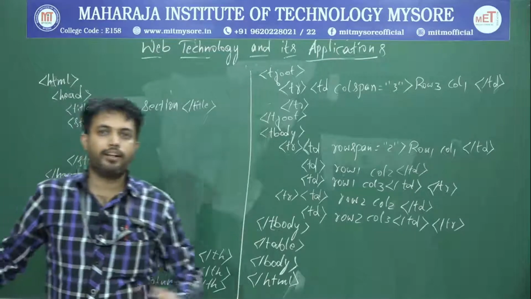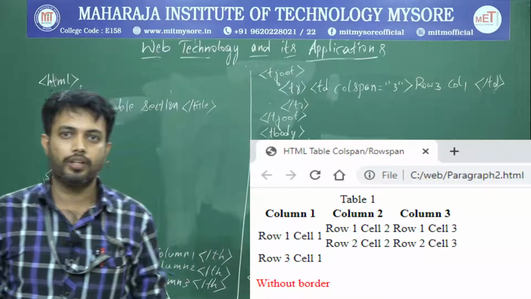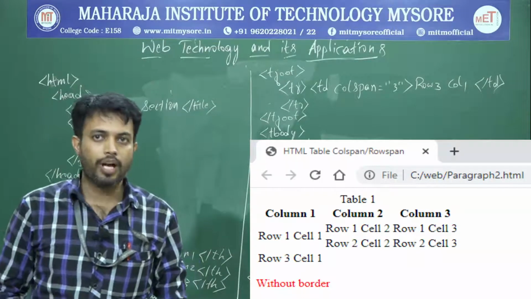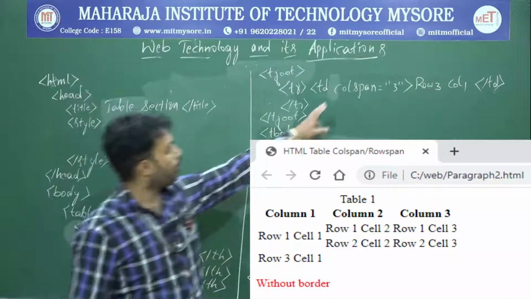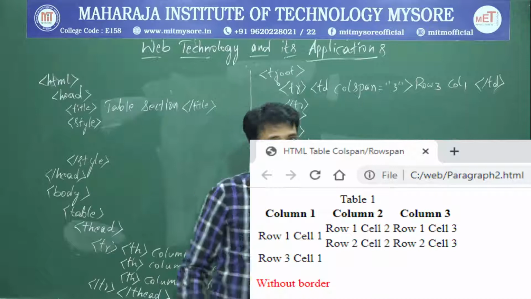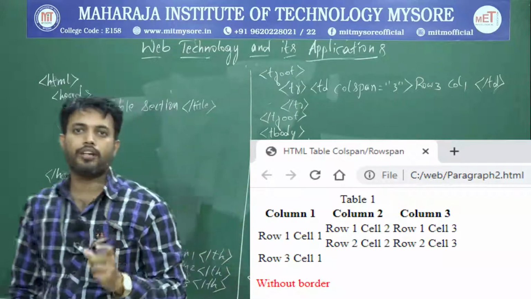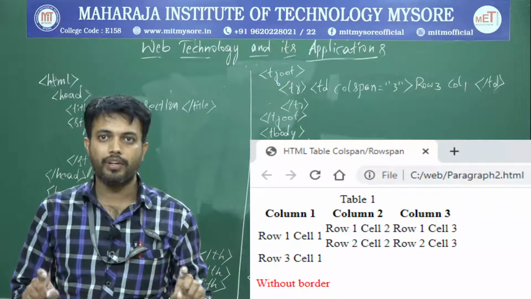Now if I run this program, you can observe the output. Even though I wrote tfoot after thead, the row with column span 3 and row 3 column 1 text has appeared at the end of the table itself.